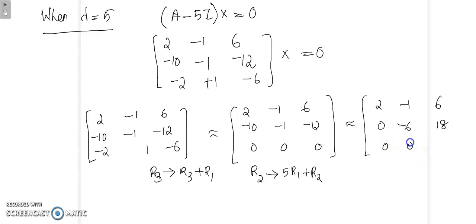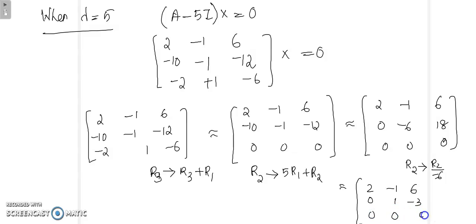So you get 0, 0, 0. Again you can take R2 goes to R2 by minus 6, so that will give us 2, minus 1, 6, 0, 1, minus 3, 0, 0, 0.